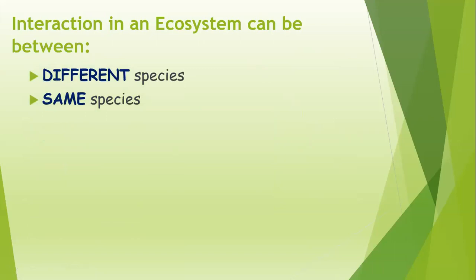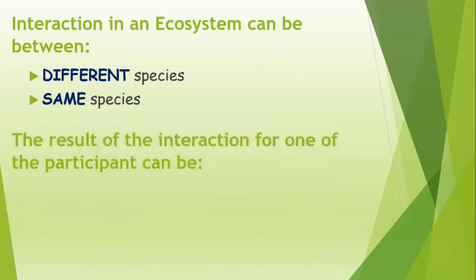As you saw between the cheetah and the deer, it was two different species. And you can have an interaction which is between the same species also, as I showed you where wolves were relaxing with each other. Same species interaction, right? So the relationship can be between different species, and the relationship can be between the same species.